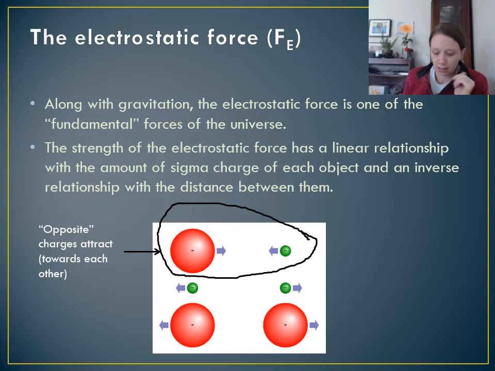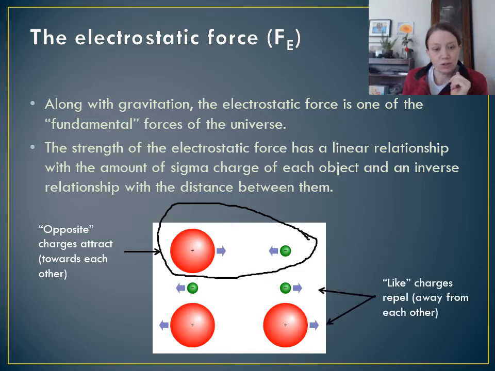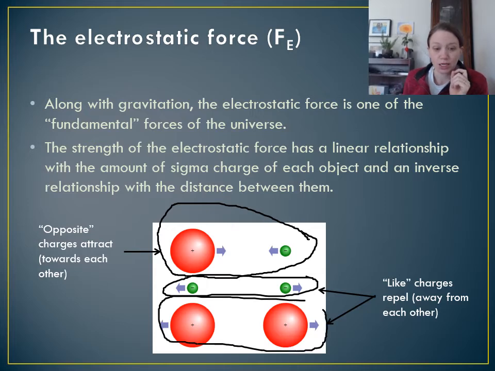On the other hand, if you have two objects that have the same kind of charge, so they either have both negative charges or both positive charges, those objects repel each other or push apart. So the direction of this electrostatic force depends on whether the two objects we're dealing with have the same kind of charge and are pushed apart, or opposite charges and are pulled together.